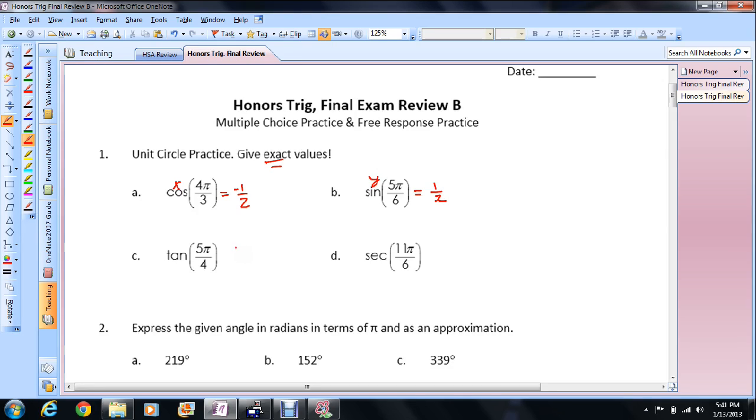The tangent is our y divided by x. So the tangent is actually the y value and the x value at 5 pi over 4 is exactly the same thing. So I'll write it out to show the work, but then you'll kind of see where we're going with this.